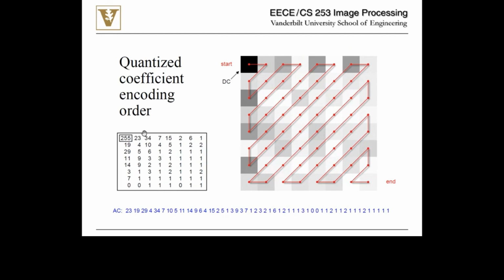In this example, it would be 23, then 19, then 29, and then 5, then 4, then 34, and so on. So I will encode these numbers following this path. And now I have given the discrete cosine transform as a vector.